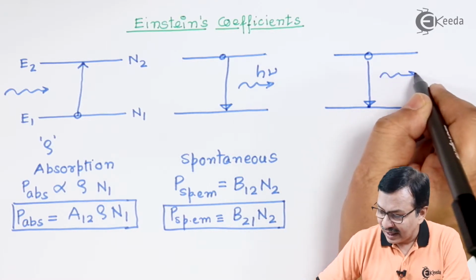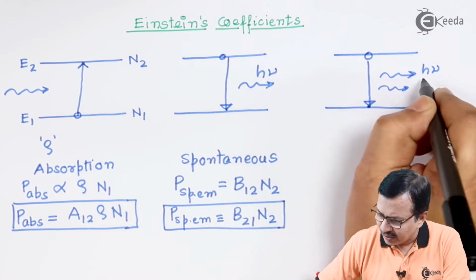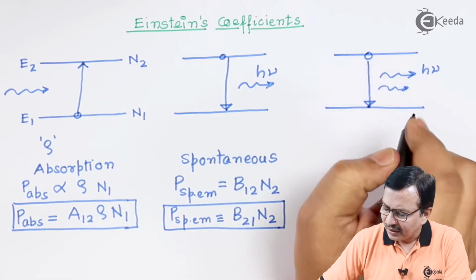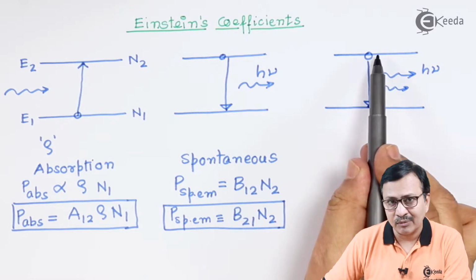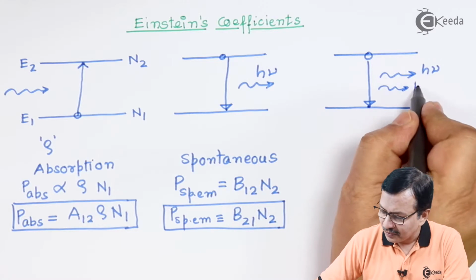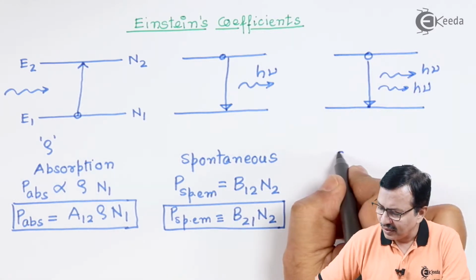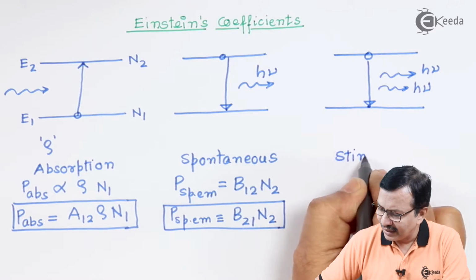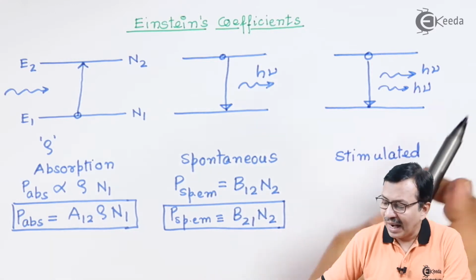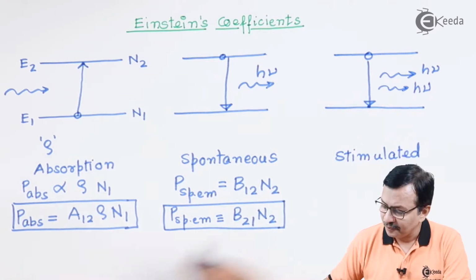As we have studied further, there will be one photon which is this, and an additional photon will be liberated due to the transition of the atom from the excited state to the ground state. Such a transition is called stimulated emission, because it is stimulated by an external factor, in this case by the photons.